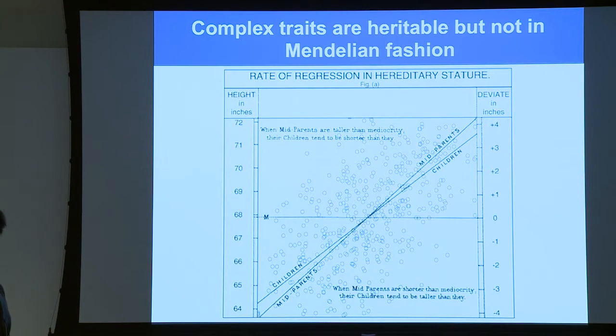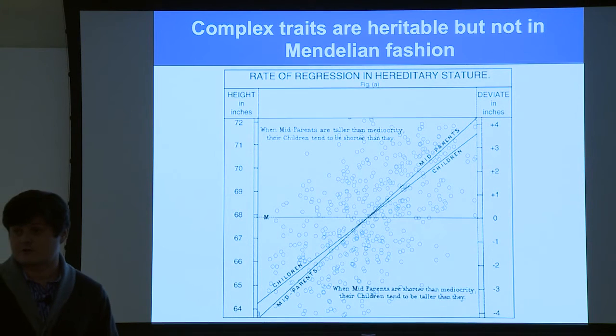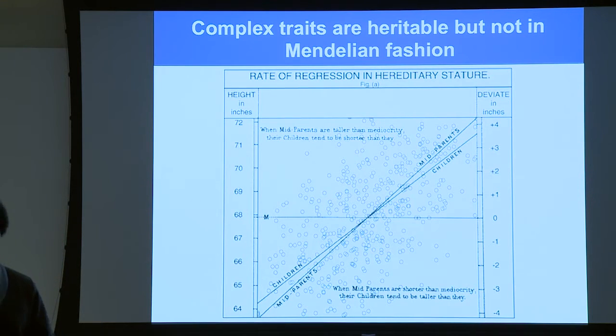This is why we think this trait is genetic. And then there are different statistical laws, for example what they call regression to mediocrity, where children of tall parents are not as tall as their parents, and children of short parents are not as short as their parents, and so forth. So there are all these statistical rules that govern that.